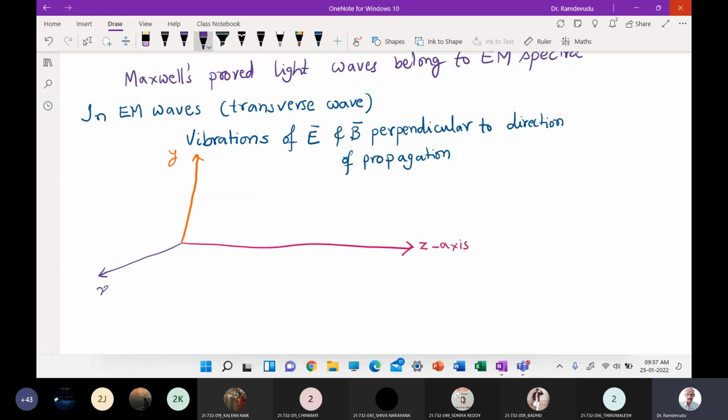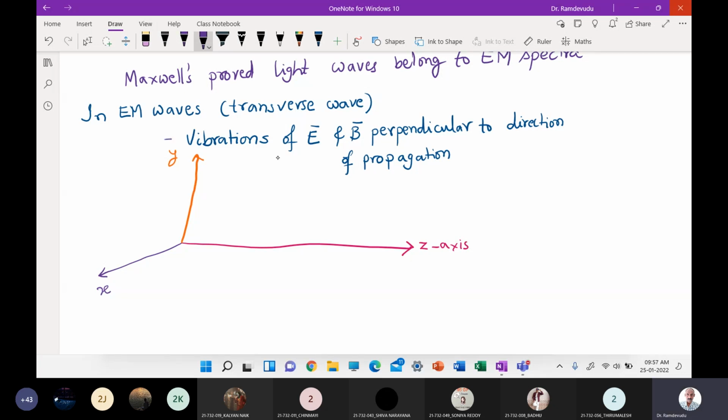Now if E is along y, then B should be along x, because the vibrations of E and B are both perpendicular to the direction. Both are perpendicular means that E and B should also be perpendicular to each other.